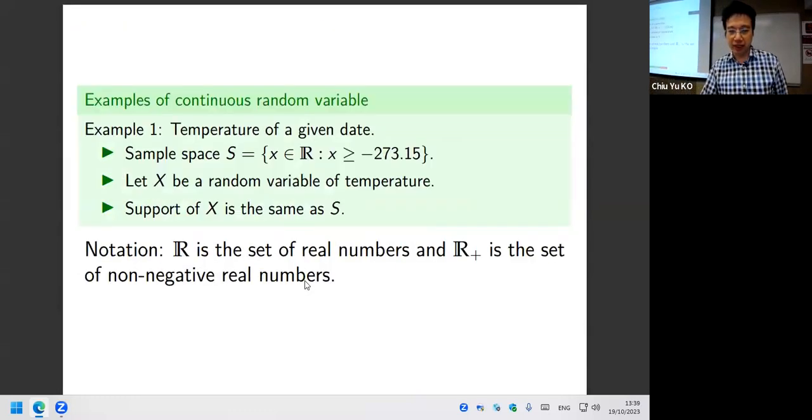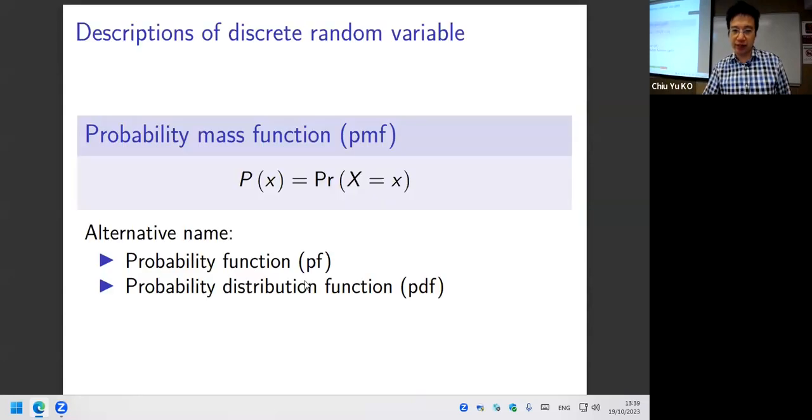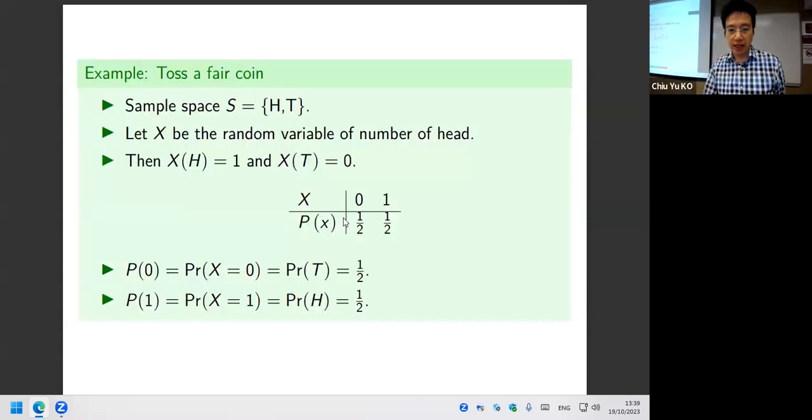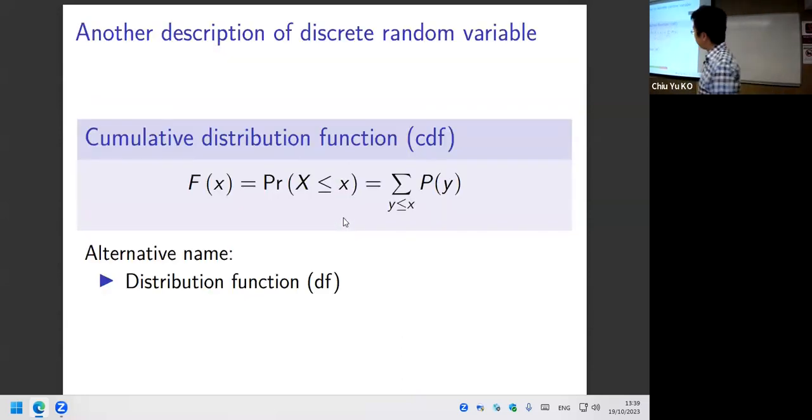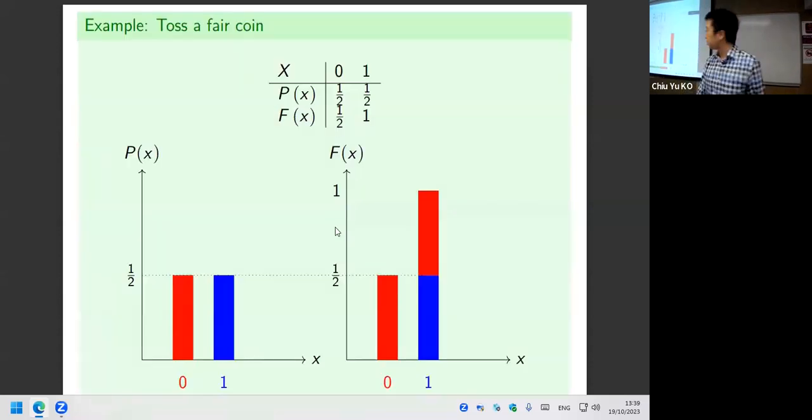Because of this, we have a nice number, and then for each number we can say what the probability is. That is the big P. The other way to represent it is the big F. The big F is just stacking the P's. If you still remember graphically, the P is the probability, and then you stack up, and it becomes big F.